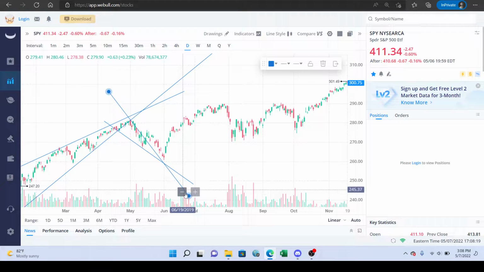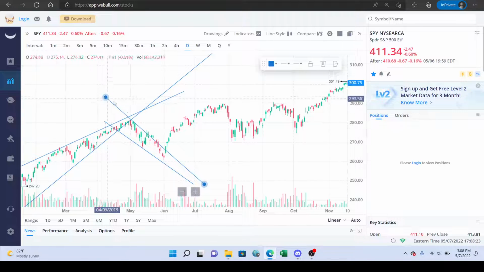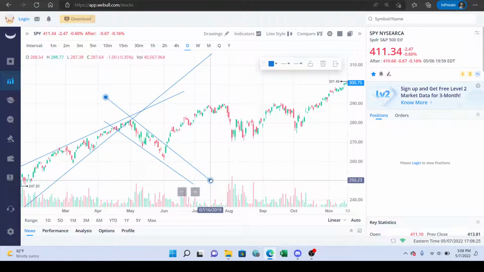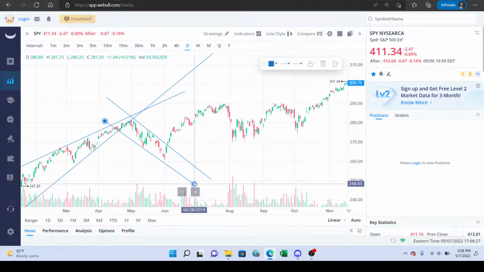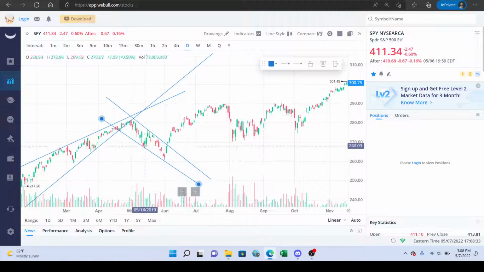So in my opinion, I would see this more as a trend channel versus a potential wedge. And you can see it's very clear right here. So we have these areas of support, areas of resistance. But then we did break out of this downtrend channel.